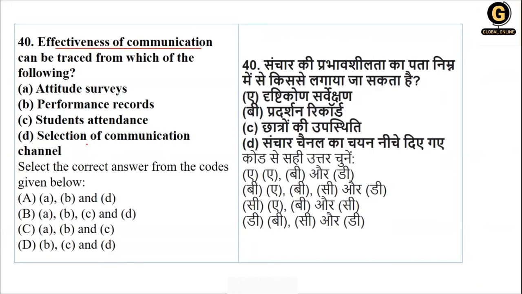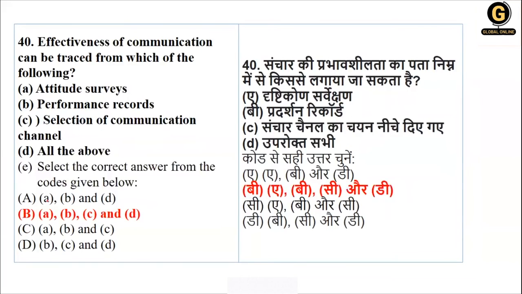So the right answer for this, okay, that is attitude survey, students performance, or students attendance, or you can go with selection of communication. So if you see over here, every option, okay, ये सारे यूज होंगे जब हमें effectiveness of communication stress करना है. Okay, so if you see here, the option number B is your right answer. A, B, C, D. Okay.